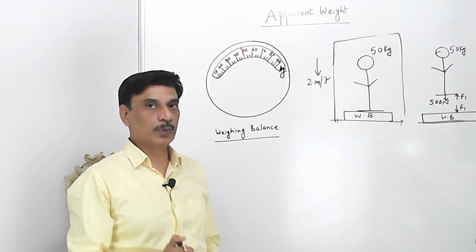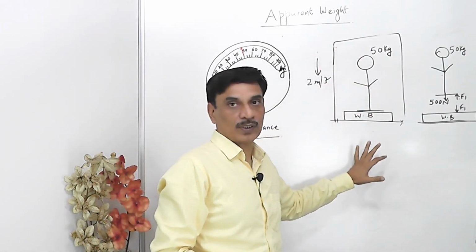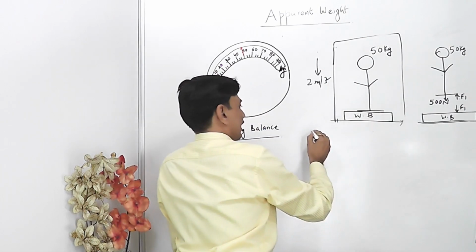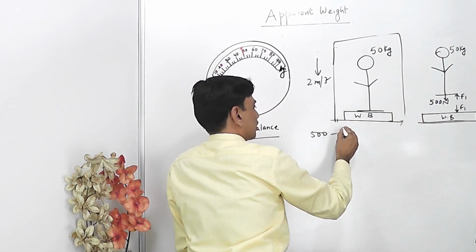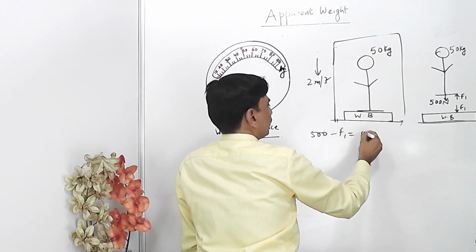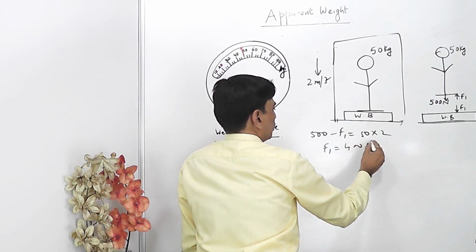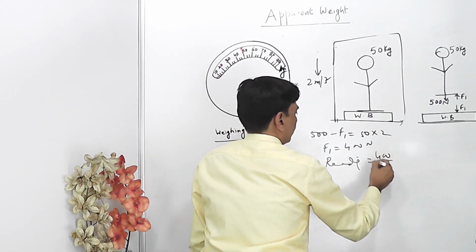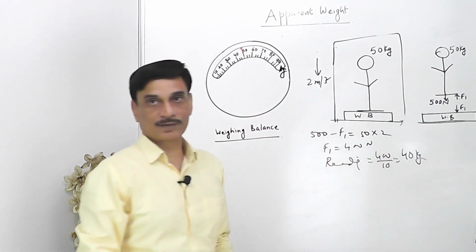And you know very well how to find the apparent weight when the lift is accelerating down with some acceleration. Net acceleration is downwards, so downward forces minus upward forces is equal to mass times acceleration: 500 minus F1 is equal to 50 into 2. So F1 is going to be 400 Newton and the reading is going to be 400 by 10, that is 40 kg.